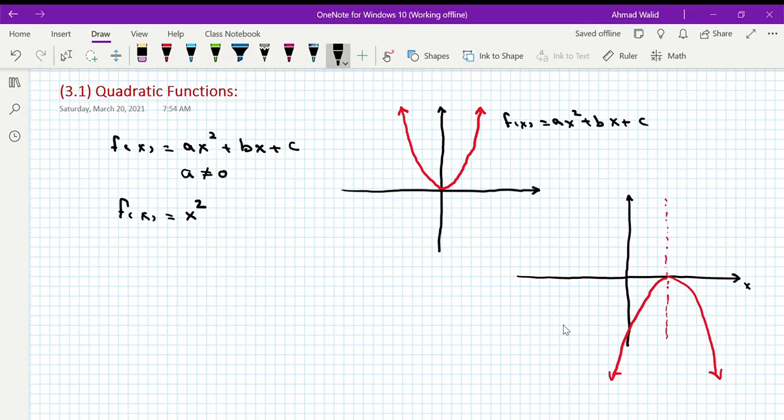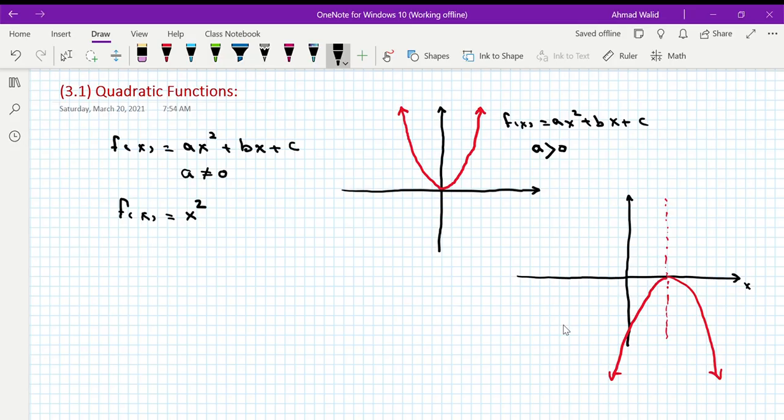That's the graph for both of them. When your graph is opening upward, your a is greater than 0. We call a the leading coefficient. In your book, in 3.1, they are not calling it the leading coefficient, but soon in 3.2, they will introduce a, or a sub n, as the leading coefficient.